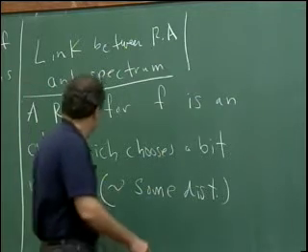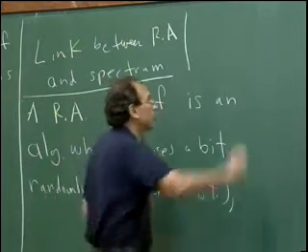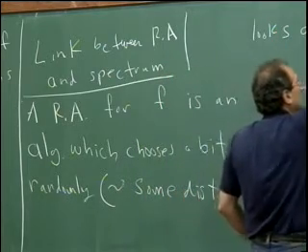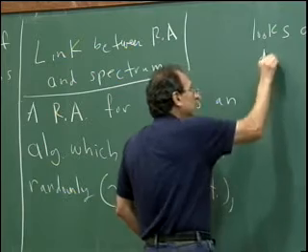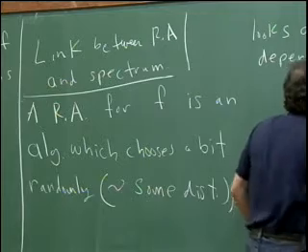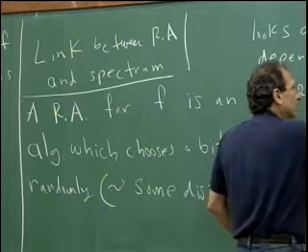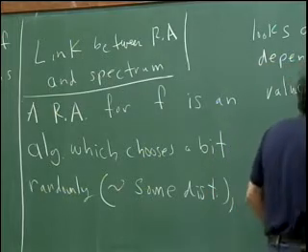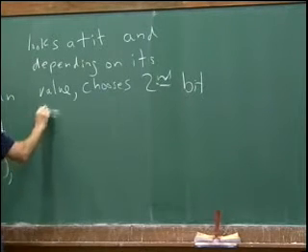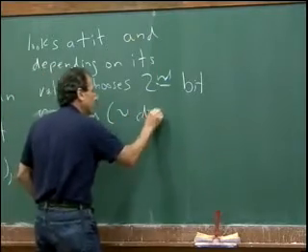When it chooses a bit randomly according to some distribution, it looks at it, and depending on its value, chooses the second bit randomly according to some distribution.